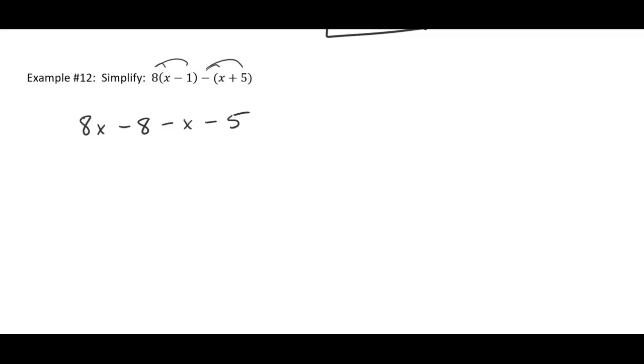You might have another way that you like better that would get you the right answer, but that's what we want, is the right answer. Okay, now there's stuff I can combine. So 8x minus 1x, that's going to be 7x. And then I have a negative 8 and a negative 5, that's going to be minus 13. And there you go. That's another good problem.